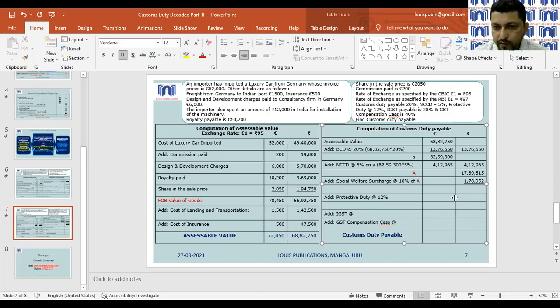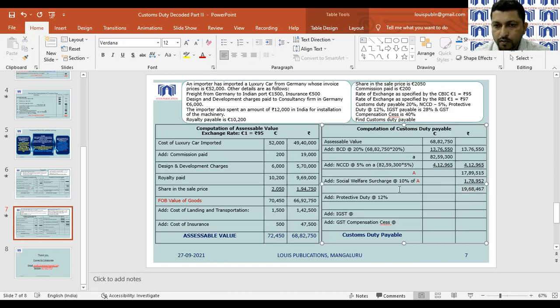So if I add up 1,78,952 plus 17,89,515, that will give me 19,68,467. So 19,68,467 will be the value.